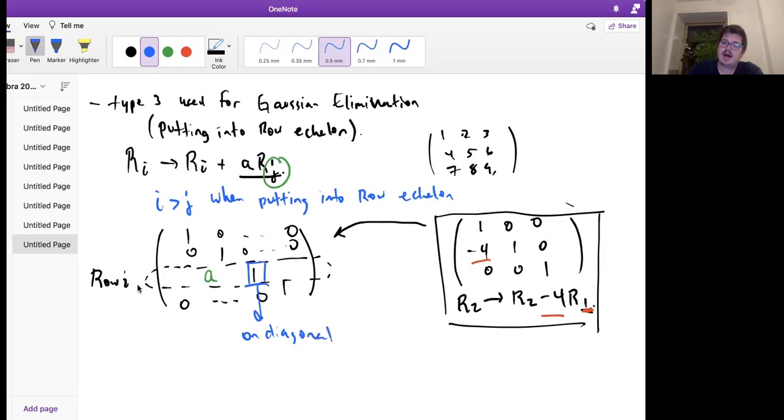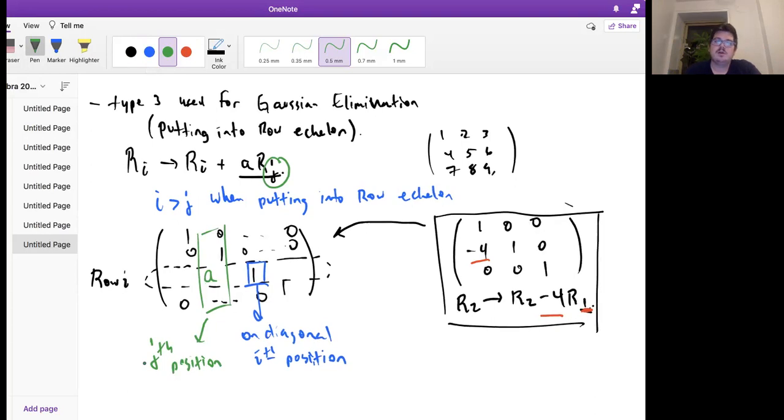And if we're in row I, yeah, it's in position I, the ith position. So this A, which is in the jth position, must be to the left.